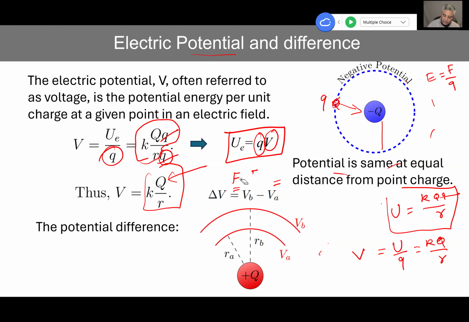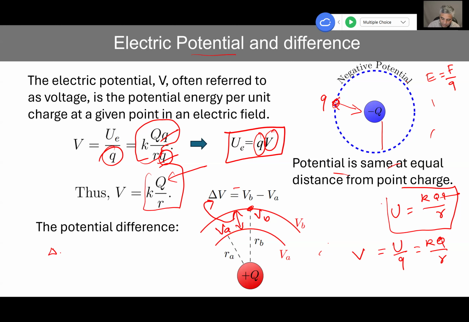Now, if we go from one point to another point, so for example, around here at radius RA, we have one potential. We say, okay, that is, let's say VA here. And the potential over there is VB. So the difference between these two points, we call the potential difference, okay?